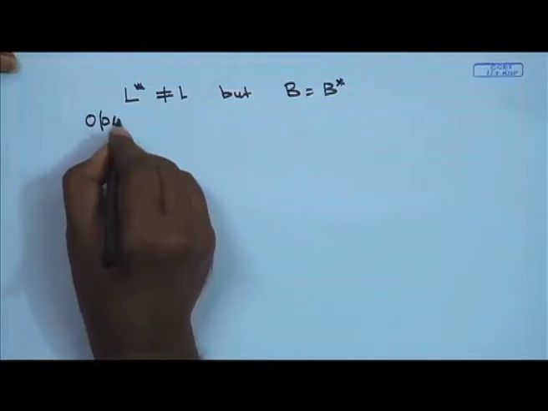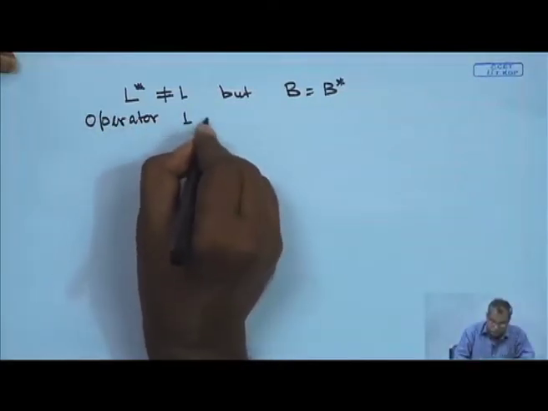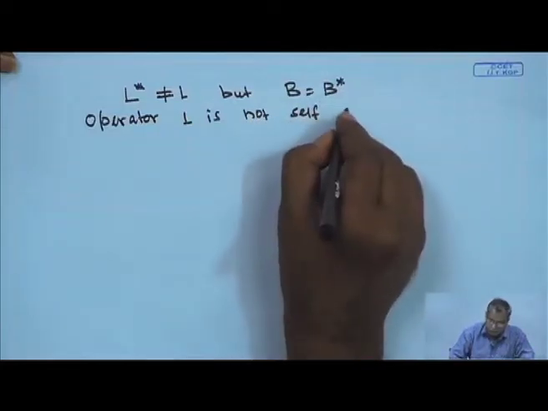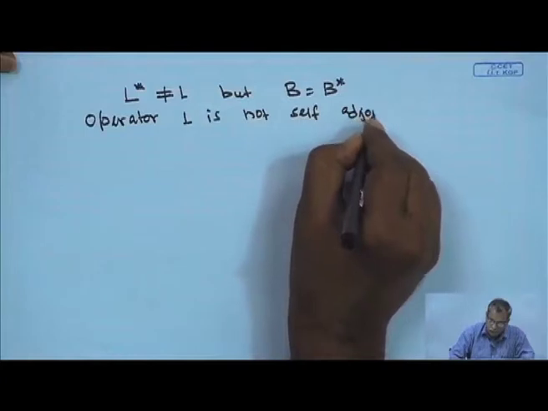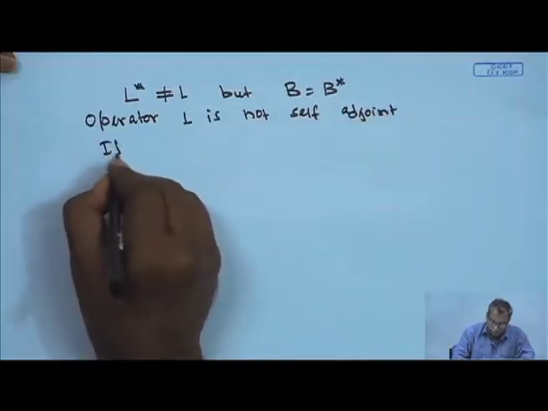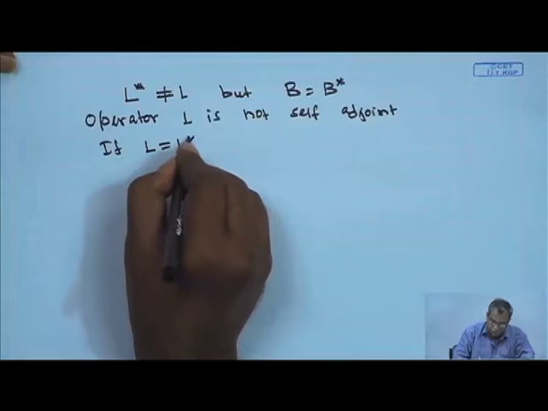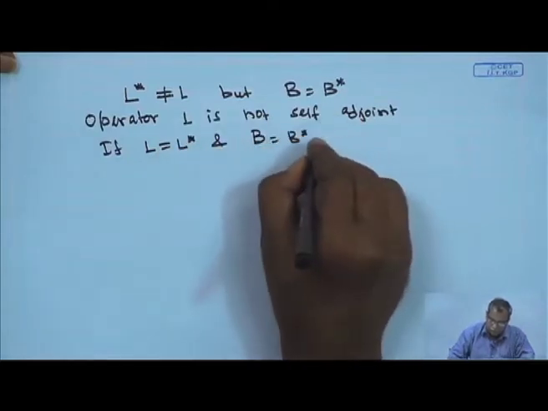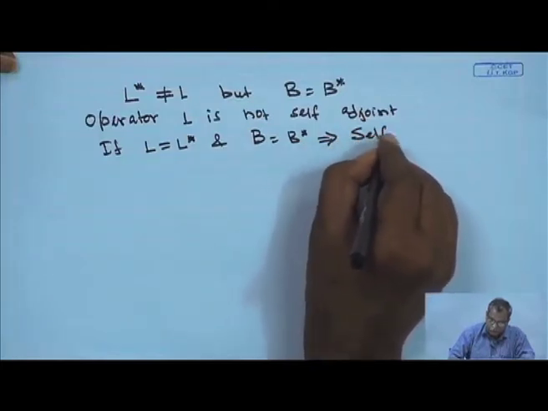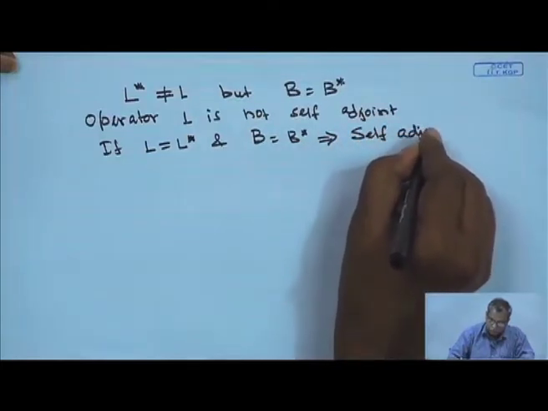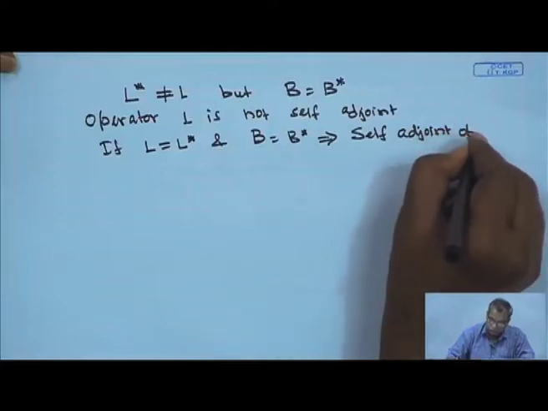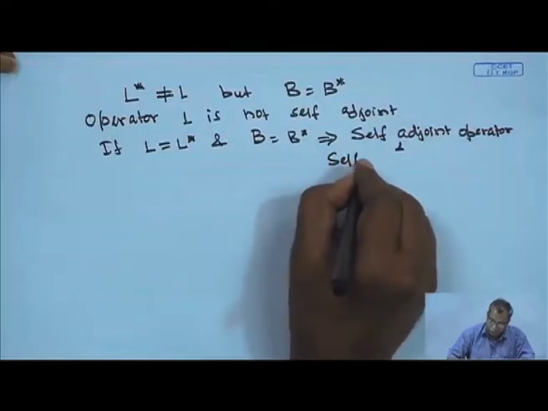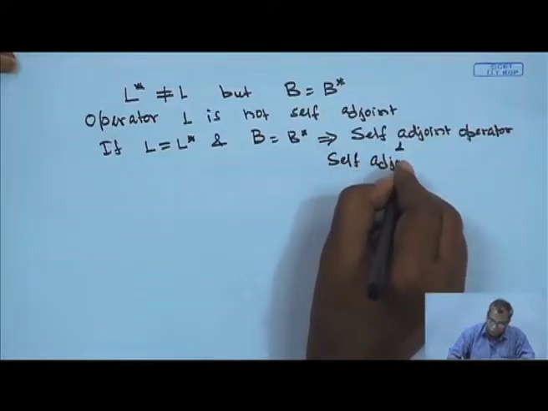Operator L is not self adjoint. If L is equal to L star and B is equal to B star, then we will be having a self adjoint operator and self adjoint problem.